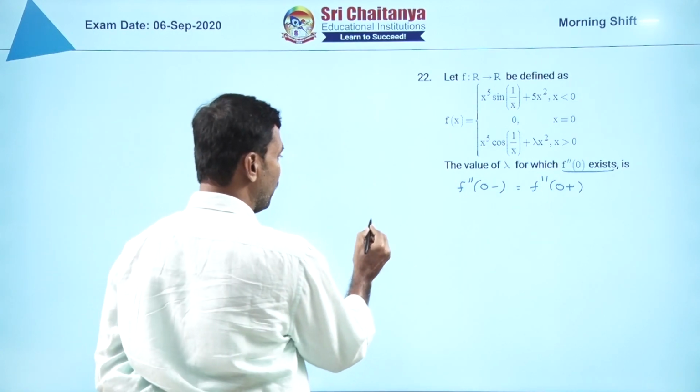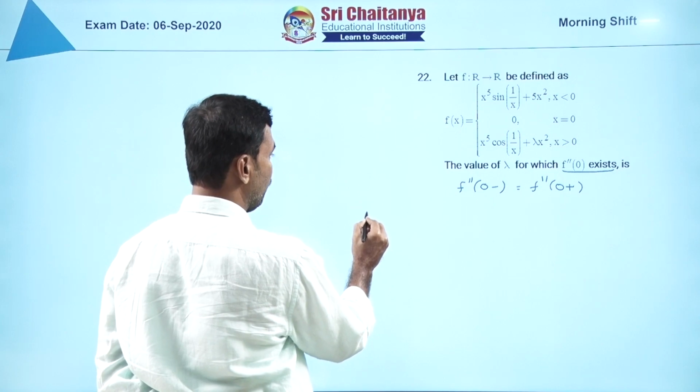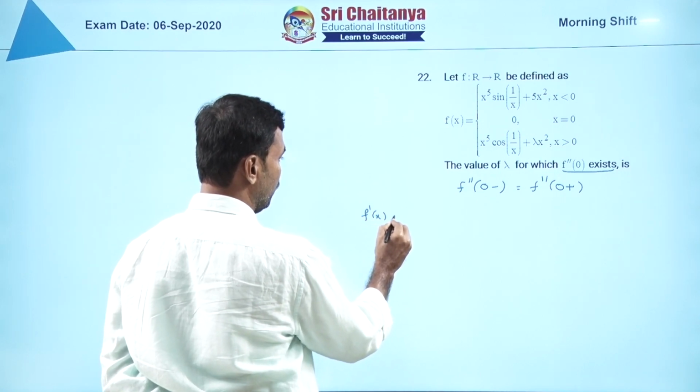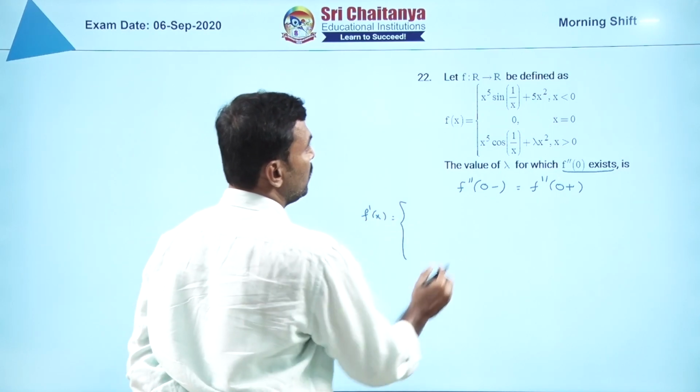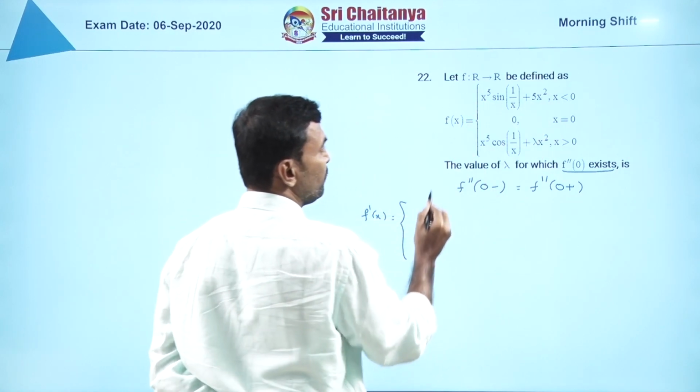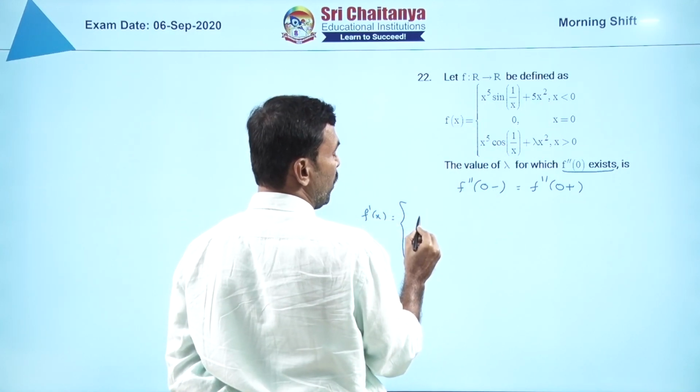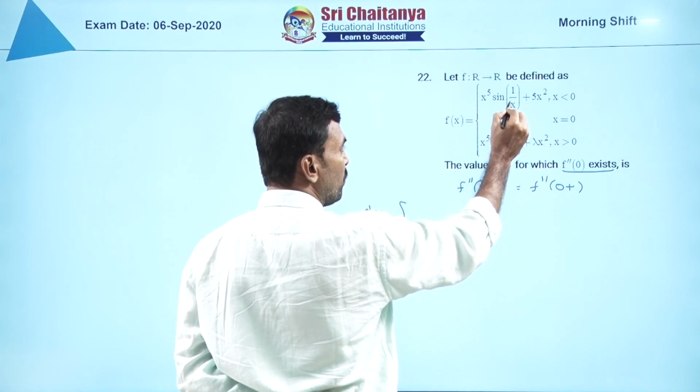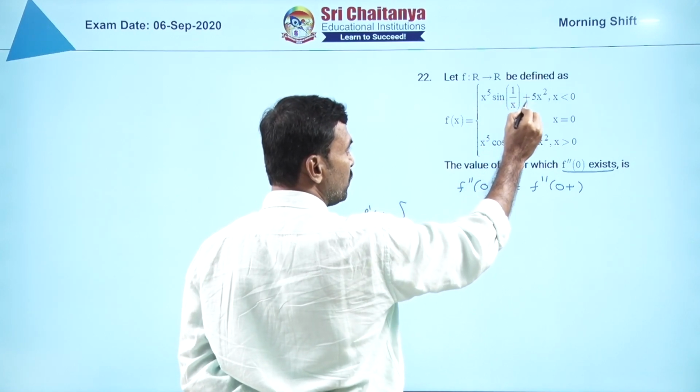For that I am calculating f dash x first. f dash x is equal to the derivative of this first function: x power 5 into the derivative of sin of 1 by x, which is cos of 1 by x into minus 1 by x square.